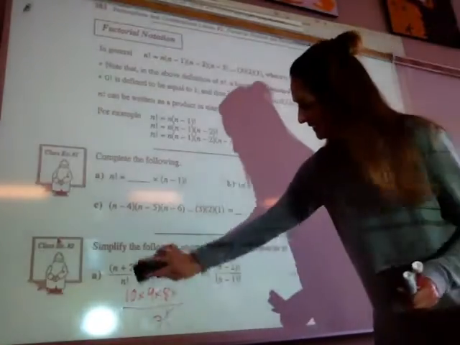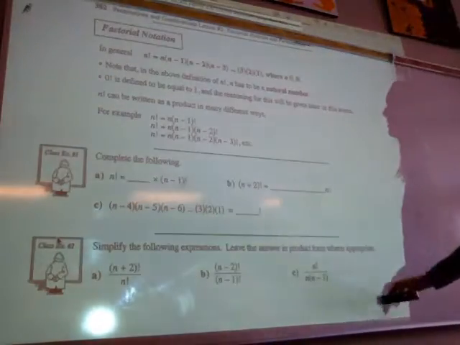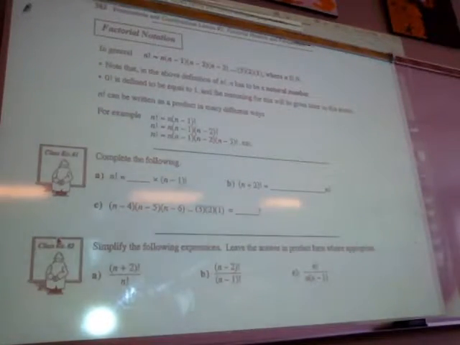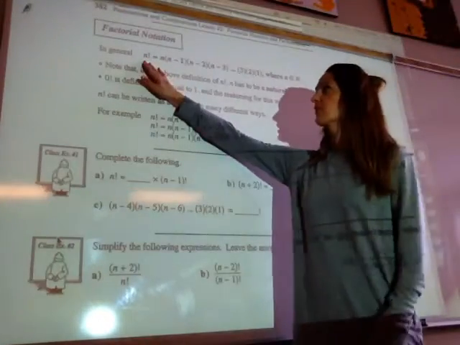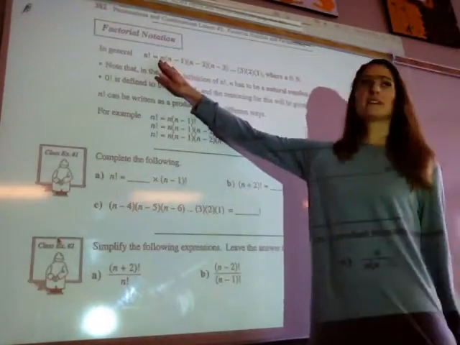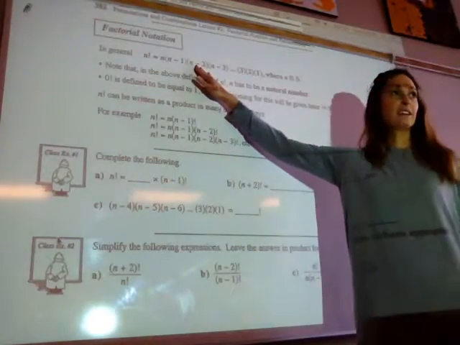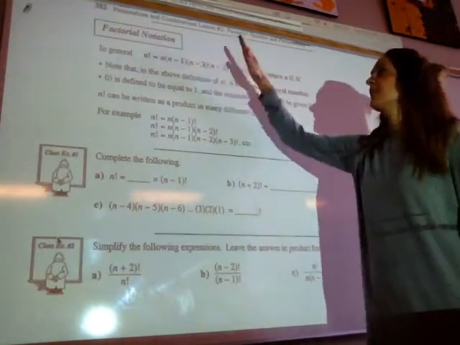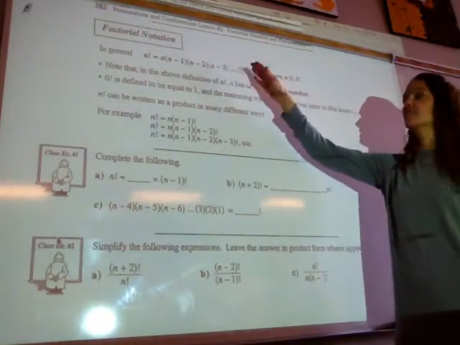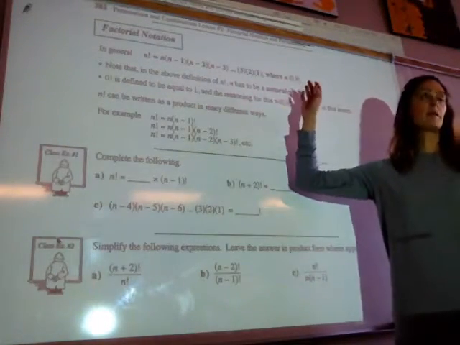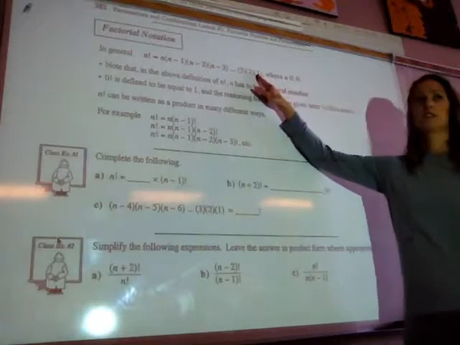So now instead of specific values in place, we're going to apply factorial with n, or variables. Okay, so in general, n factorial is equal to n times a number less than n times another number less than n minus 1 times another number that's less than that, and it's just going to keep getting smaller and smaller until you get to a multiplication of 1.